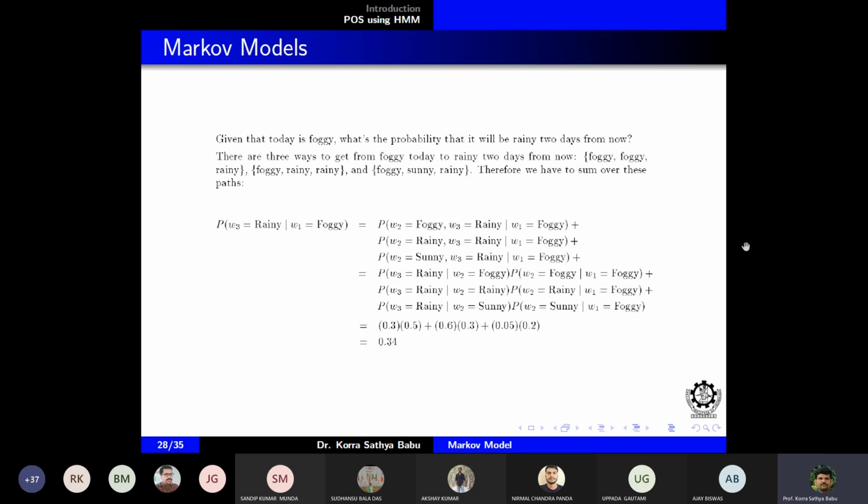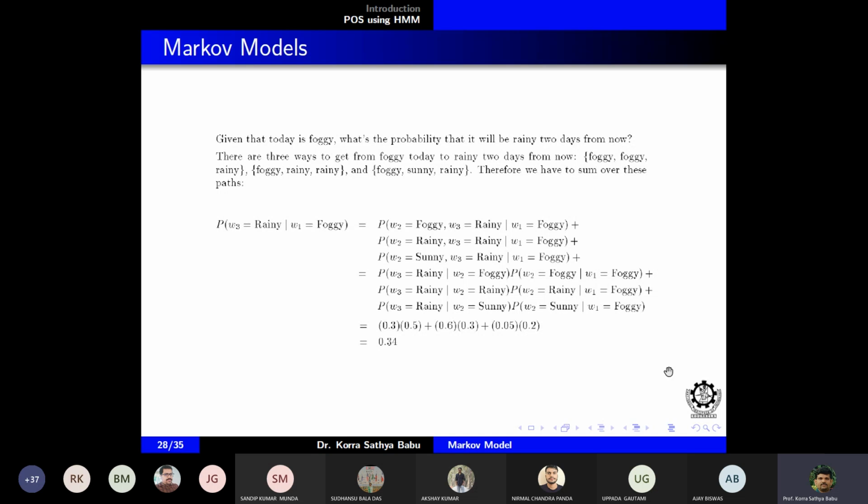So probability of W3 equal to rainy given W1 equal to foggy can be given as probability of W2 equal to foggy, comma, W3 equal to rainy given W1 equal to foggy, plus probability of W2 equal to rainy and W3 equal to rainy given W1 equal to foggy, plus probability of W2 equal to sunny followed by W3 equal to rainy given W1 equal to foggy.